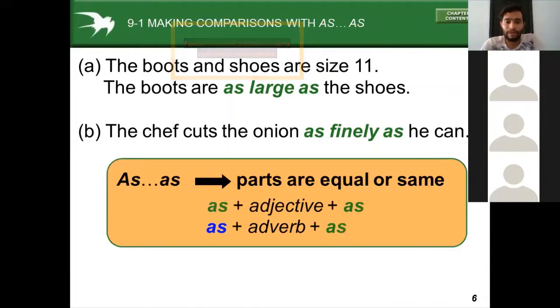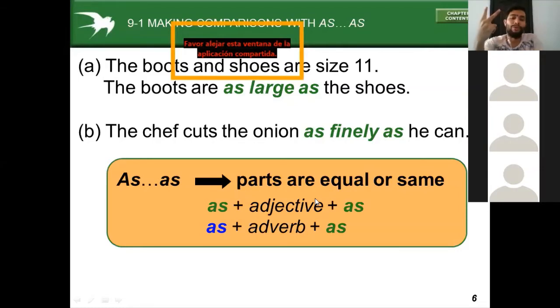Good, so take a look. We can use as for talking about equal parts when something is balanced, right? Again, we use the structure as, and in between, we can use two things. We can use an adjective, like large, and in the case of finely, an adverb.